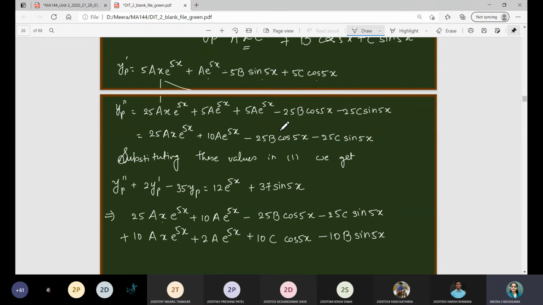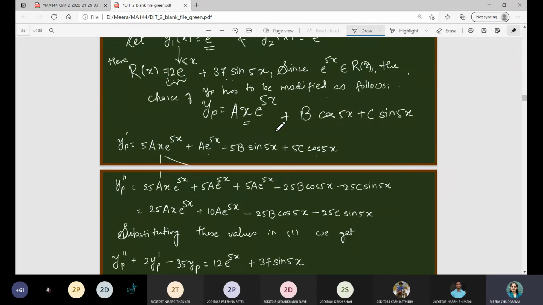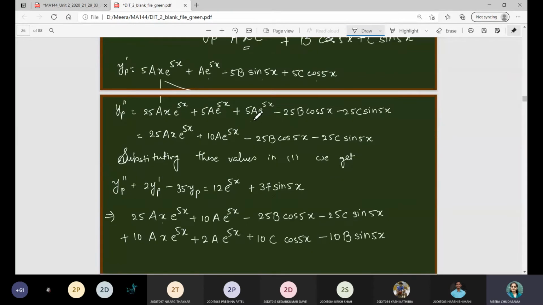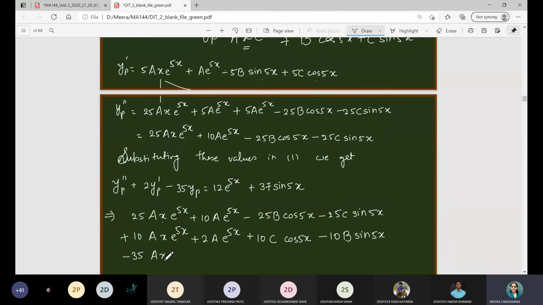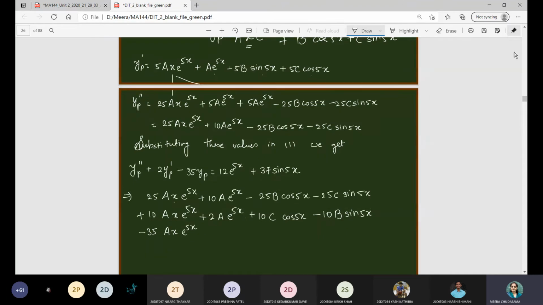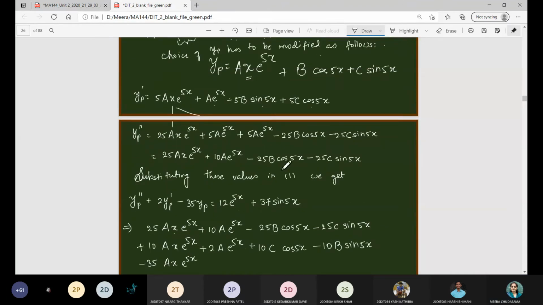Now let us consider the term of yp which is multiplied with the minus 35. So minus 35 term involving x into exponential function, so minus 35a x into e raised to 5x. After that, 35b cos 5x. So the cos quantity we have written over here, so I will write 35.